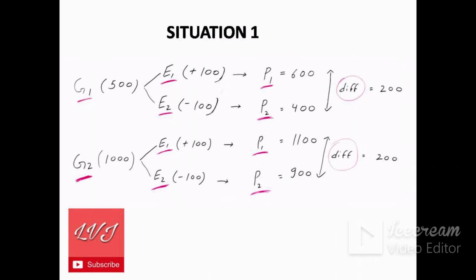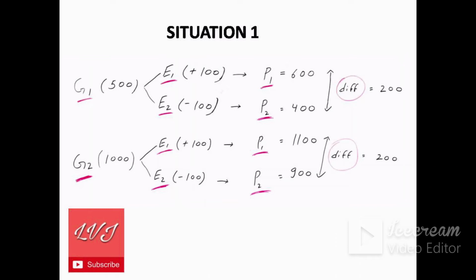So the difference between the performance will be 600 minus 400 equal to 200. So this difference in the two environments for the same genotype, genotype 1, will be 200 kg.